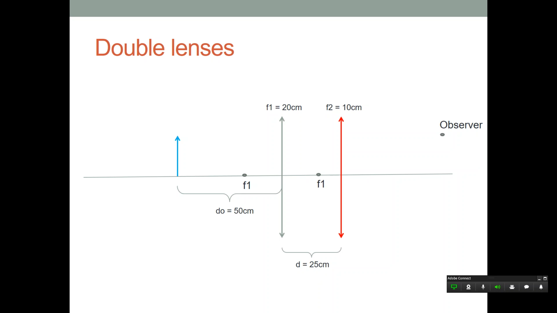Do you guys remember what the three rays are? You're doing one of these curved lens problems. What were they again? Yeah, that's the first one. Parallel, through the focal point.